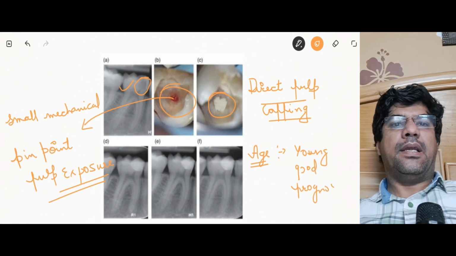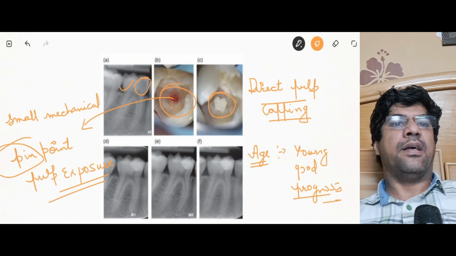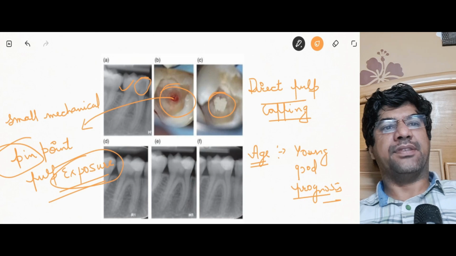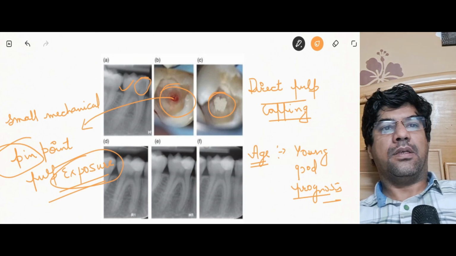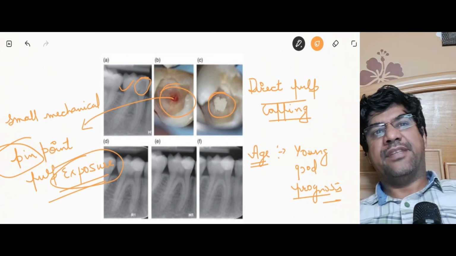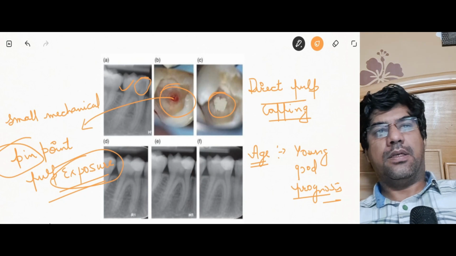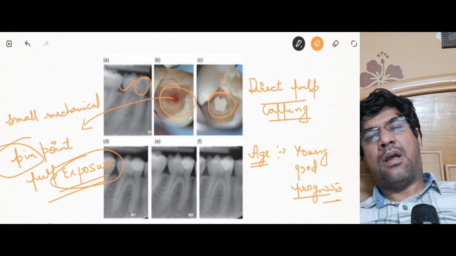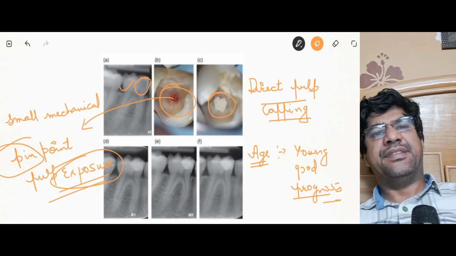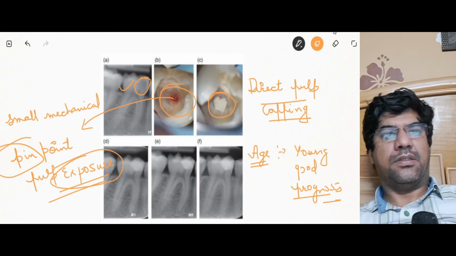A mechanically exposed pulp has a better prognosis than one exposed by caries, because in that case there will be less pulpal inflammation. In the case of a large exposure, it is difficult to control the bleeding, whereas small pinpoint exposures are easy to manage and have a greater potential for success.